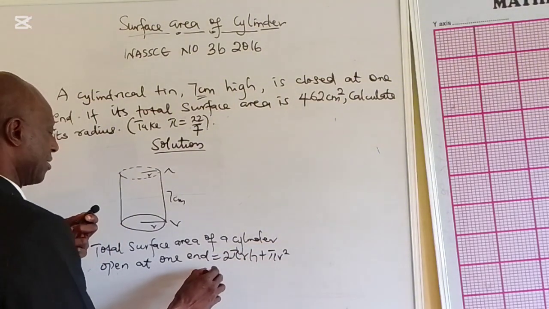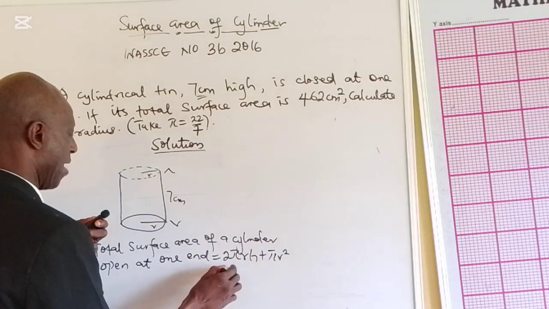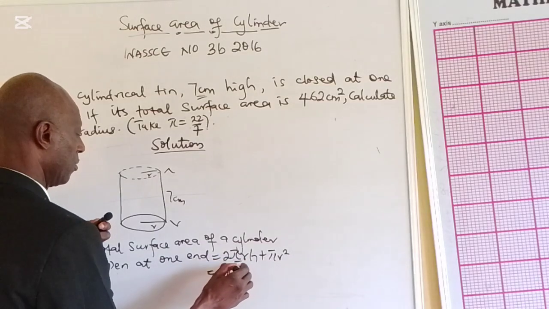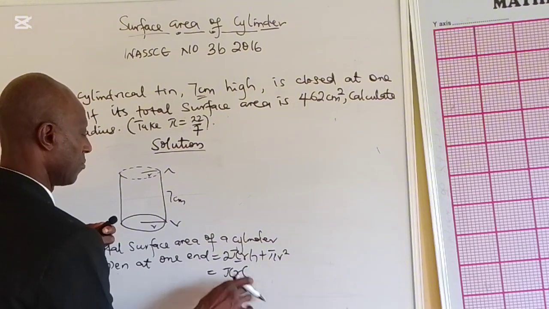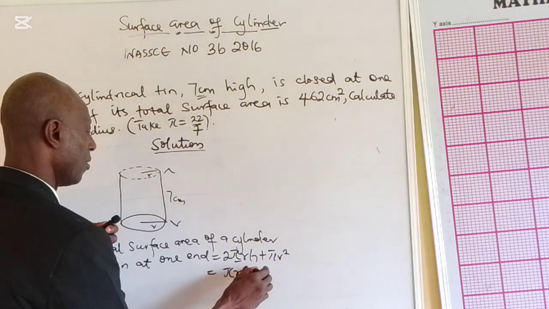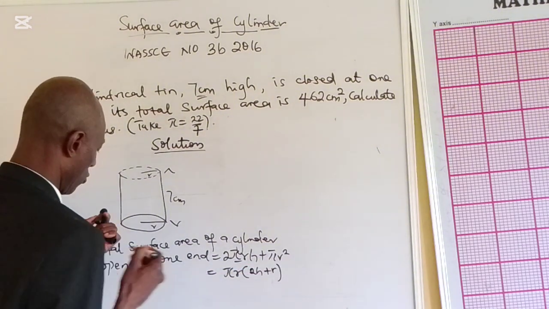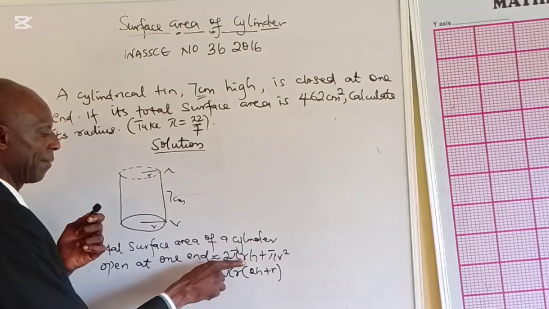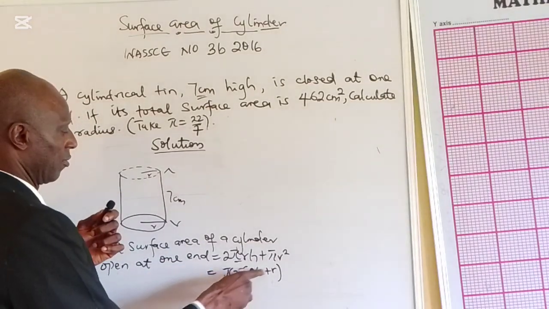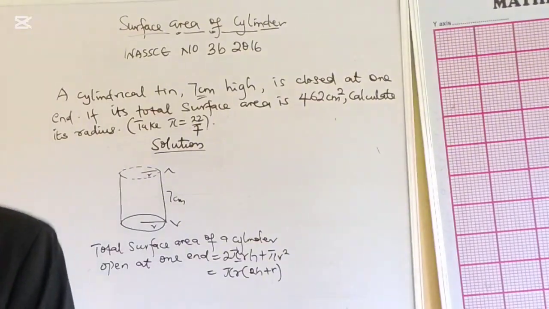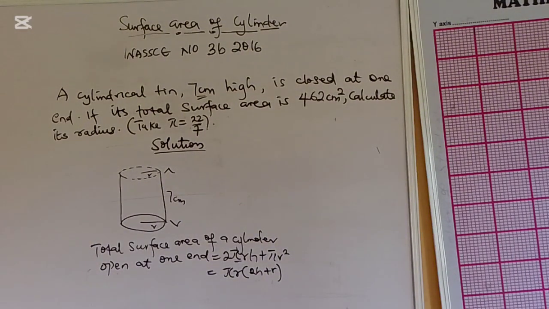When you factorize this expression, we have pi r common, h plus 2h plus r. Look at it, when I pick this pi r out, 2h is not common, and 1 r there is not common.